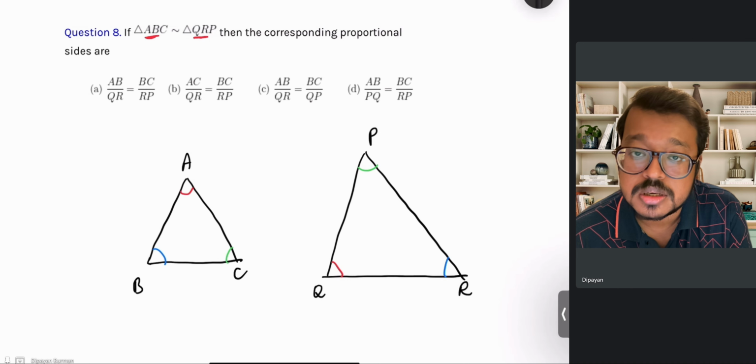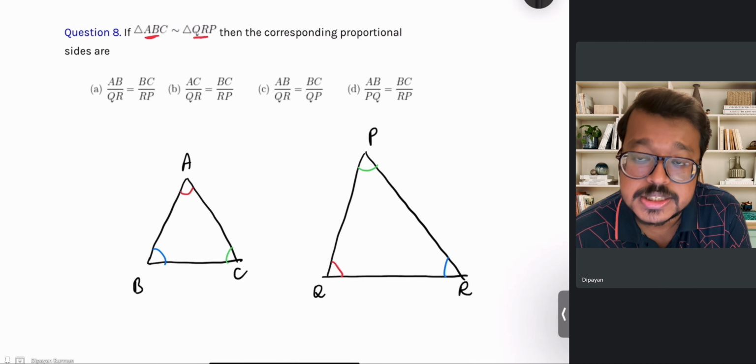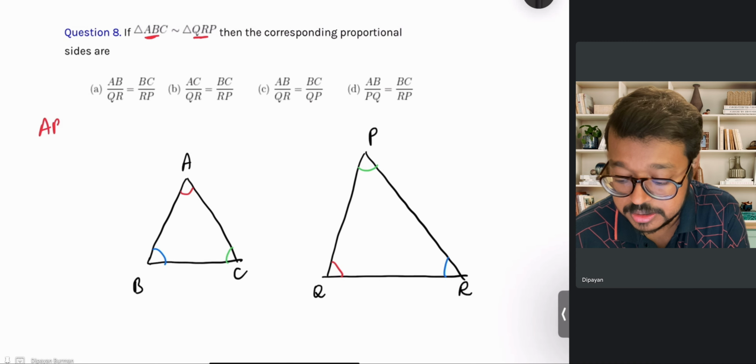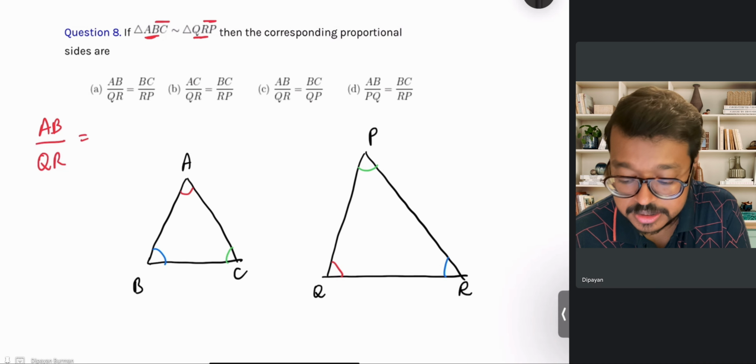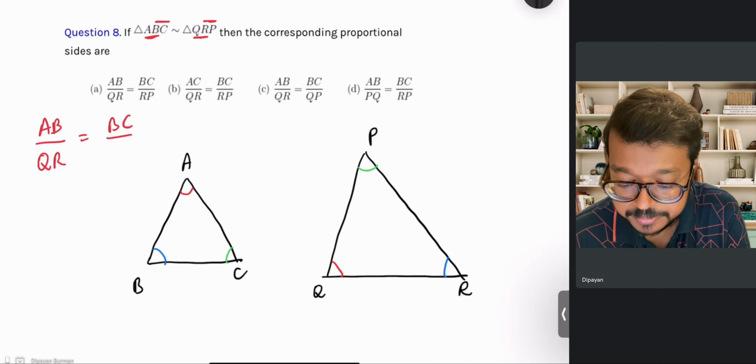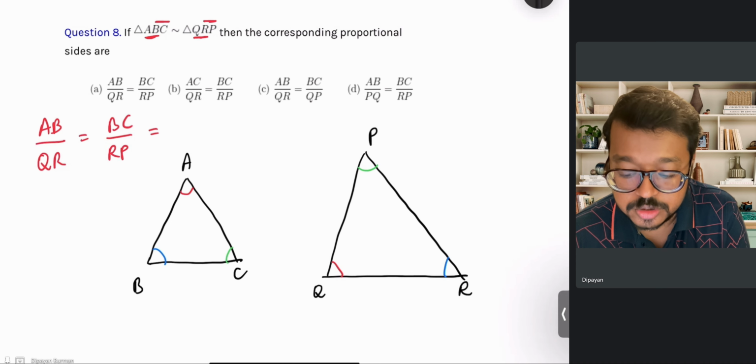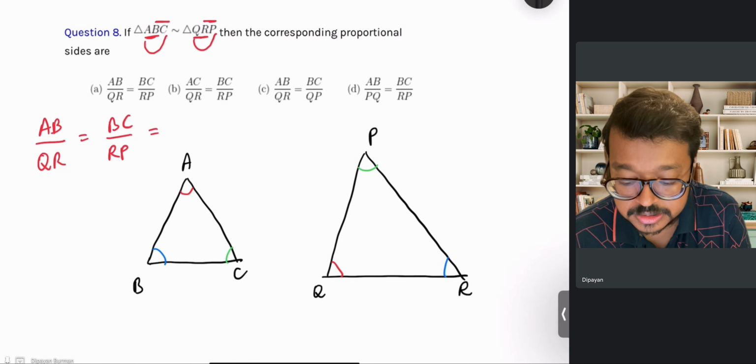So the first pair of corresponding sides must be AB and QR. So AB by QR, this ratio must be equal to, then I'm looking at the second and third letter, BC and RP. So BC by RP, and that will also be equal to the first and the third letter. So AC by QP.